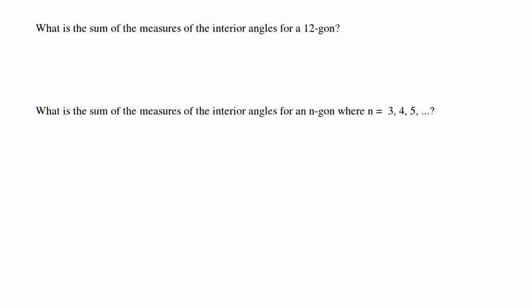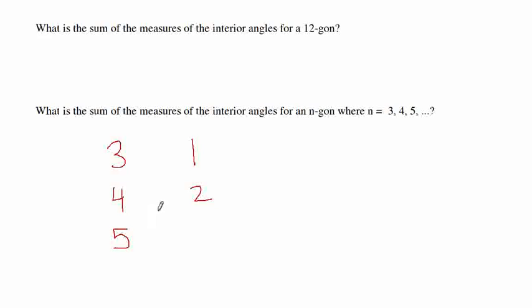Okay, so analyzing the results that we had so far: a triangle, a three-sided polygon, was composed of one triangle. A four-sided polygon, in other words a quadrilateral, was composed of two triangles.